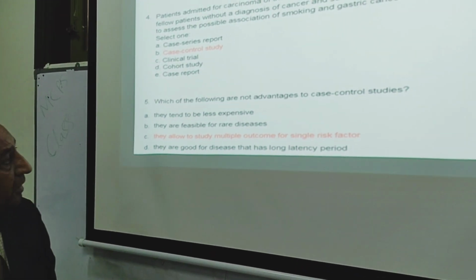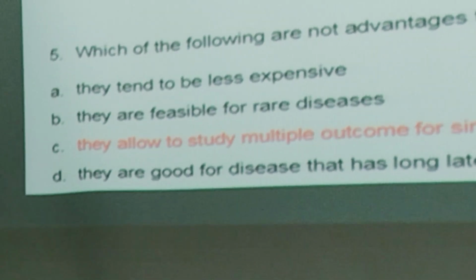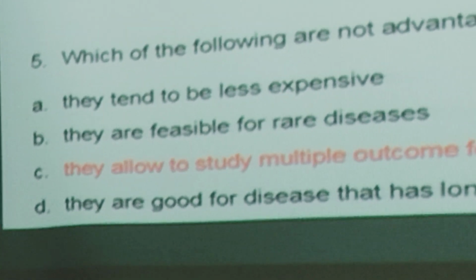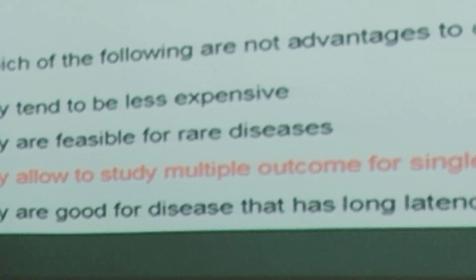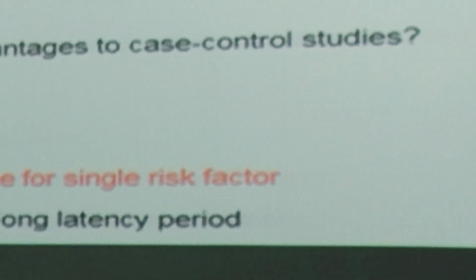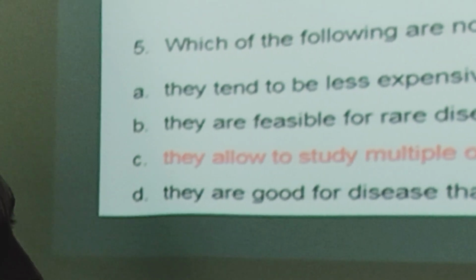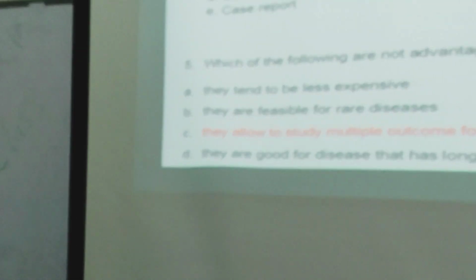The last question is: which of the following are not advantages of a case control study? They allow studying multiple outcomes for a single risk factor. This can be calculated from a cohort study, not from a case control, because you have already taken one parameter, suppose lung cancer, so you will follow the same cases.